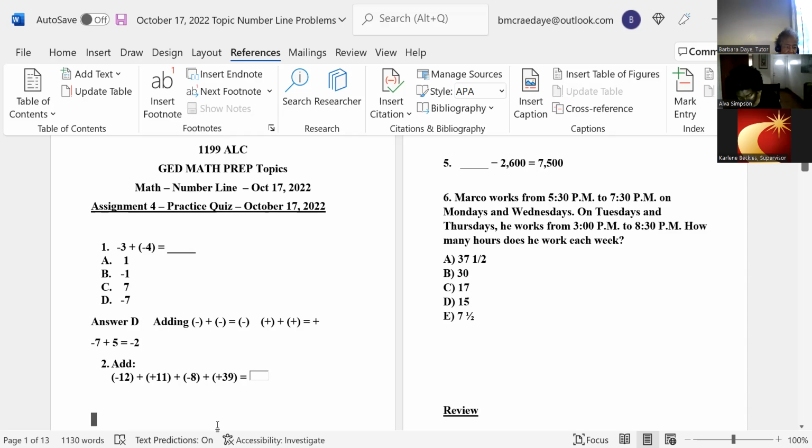Okay, so you have a +11 and a +39. What you do is add those two together, then add your two negatives, and then add those totals together. 11 plus 39, that's 50. And the negative now is 12 and 8, that's 20.